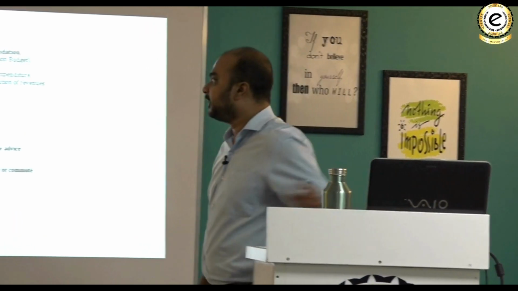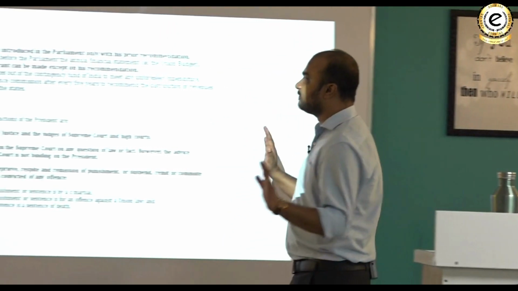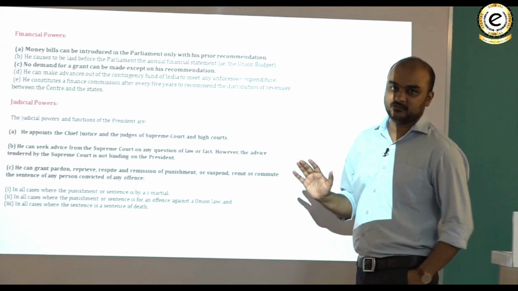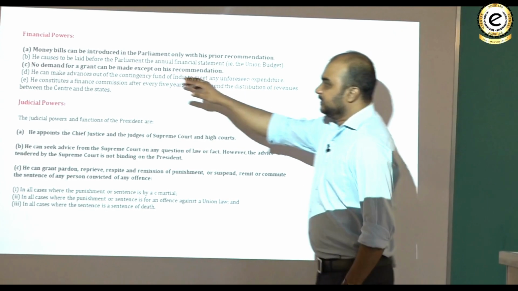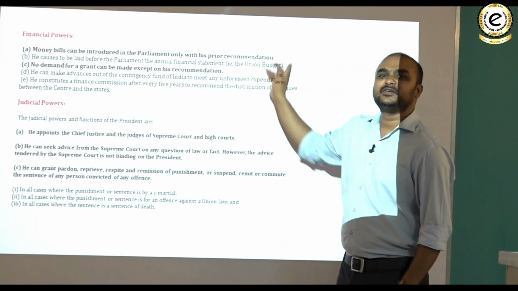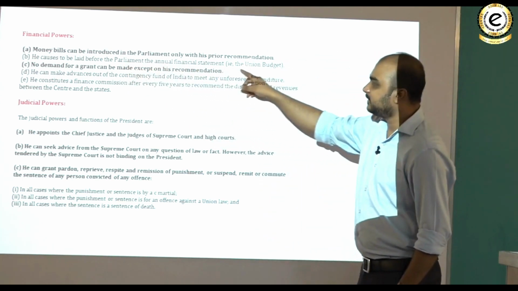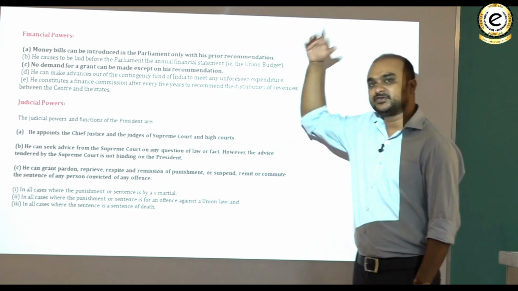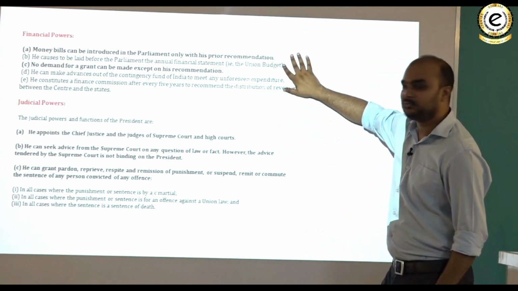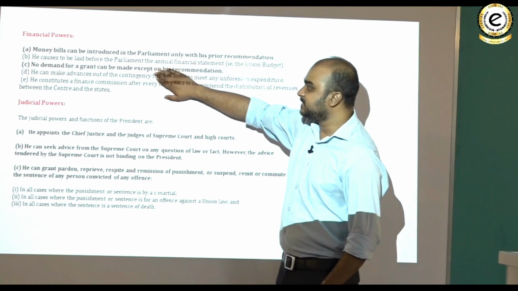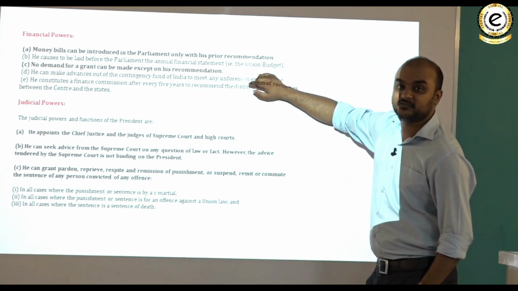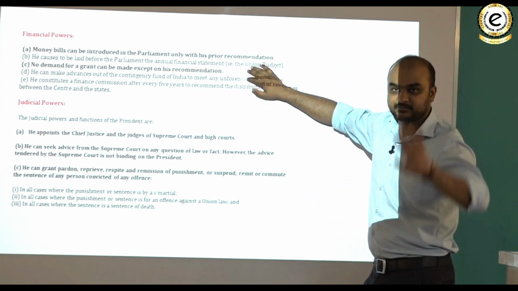The financial powers: money bills can be introduced in the Parliament only with the prior recommendation of the President. That's why money bills cannot be returned by the President to the Parliament. He causes to be laid before the Parliament the annual financial statement and supplementary financial statements, if any, which is the union budget. No demand for grant can be made except on the basis of the recommendation obtained from the President.